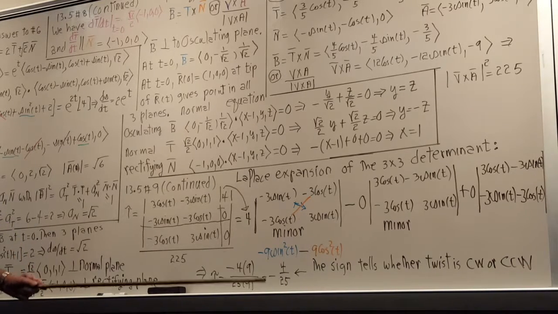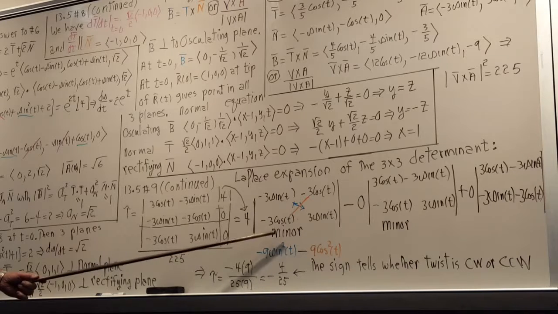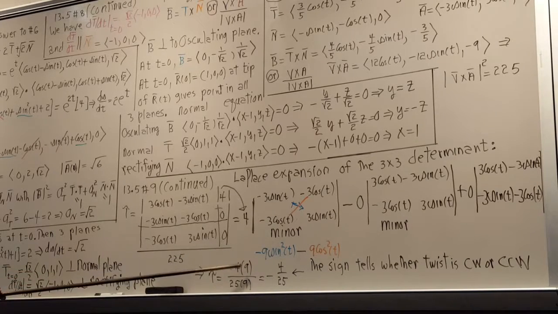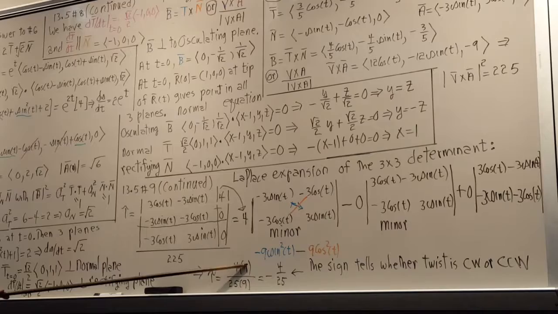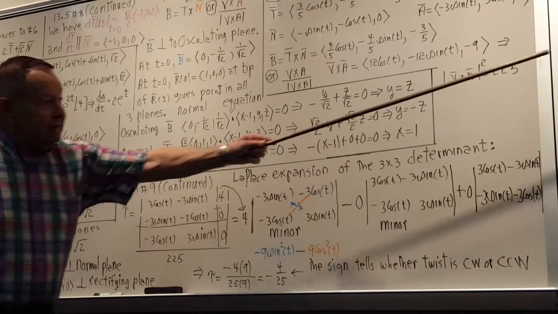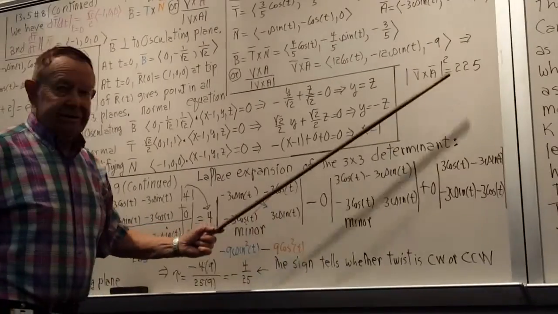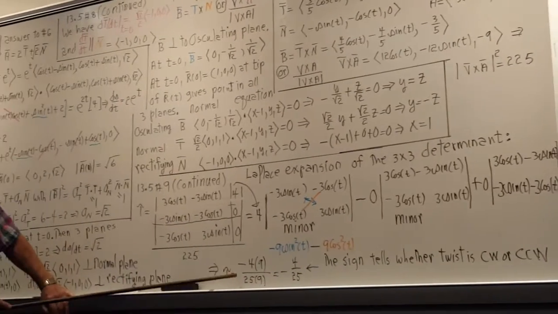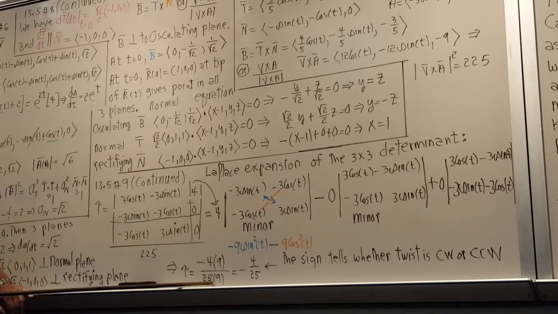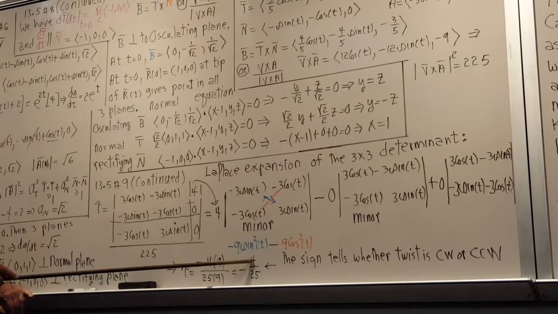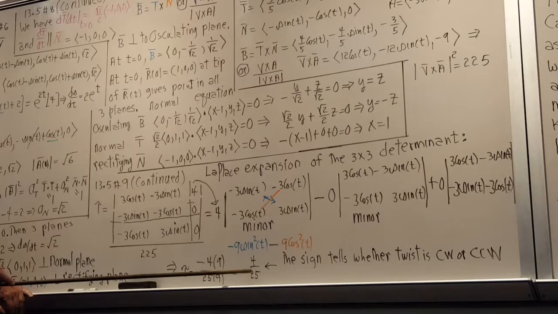So you're going to have minus the 4 times 9 then for this, and your V cross A square is the 225, which is 25 times 9, and then the 9's cancel, so this would be your torsion.